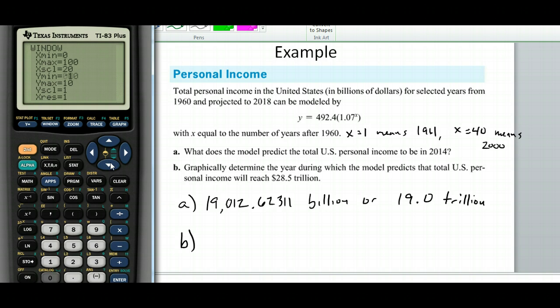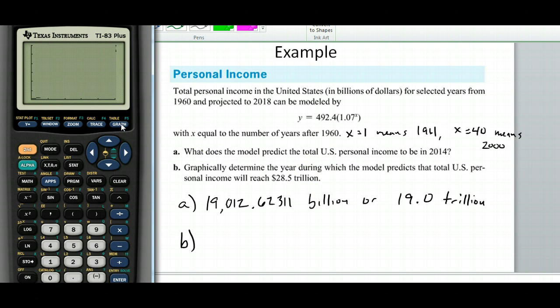The y minimum doesn't need to be bigger than 0 because that's the horizontal asymptote. The max, this was 19,000, and we need it to go beyond 28.5 trillion. That's 28,000, so let's make it go up to 30,000, and we'll do it in 5,000s.